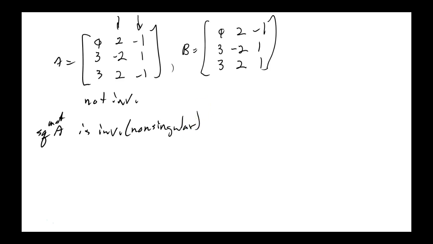If and only if the determinant of A is not equal to 0. If the determinant is 0, it is not invertible. Now, there's a little discovery here on the side.